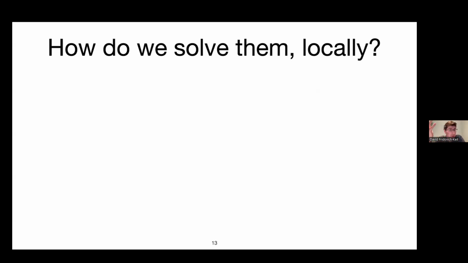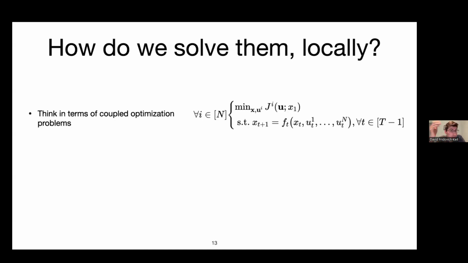And it turns out that those points are ones which we can find much more simply. So let's see how to do that. Think back to those coupled optimization problems we saw before. I've just rewritten them here with slightly different notation, but these are the problems. Each of n players, n agents, is solving one of these optimization problems.